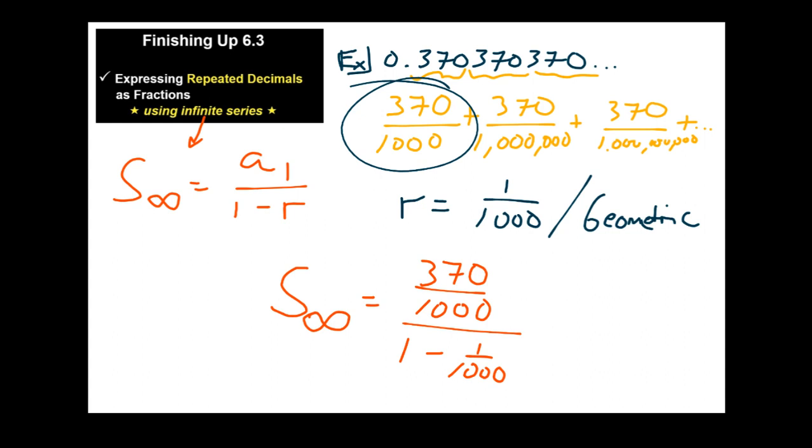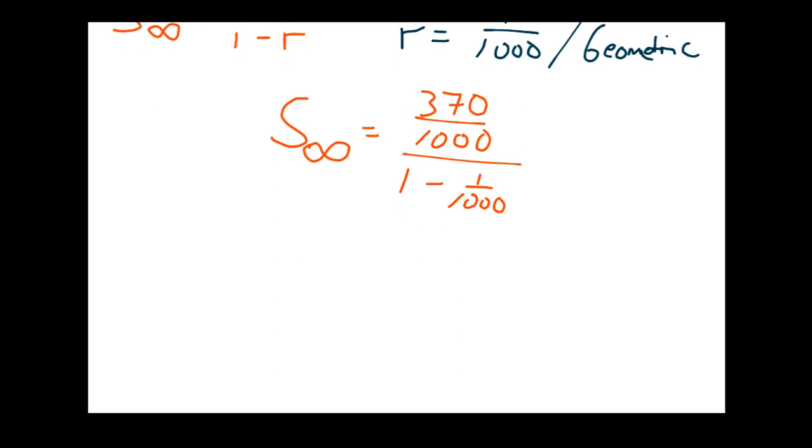Now, before you get your calculator out, part of this lesson is to realize that we can simplify this clunky fraction. So, first of all, the denominator, 1 minus 1 thousandth, is the same as 1,000 thousandths minus 1, right? 999 thousandths.